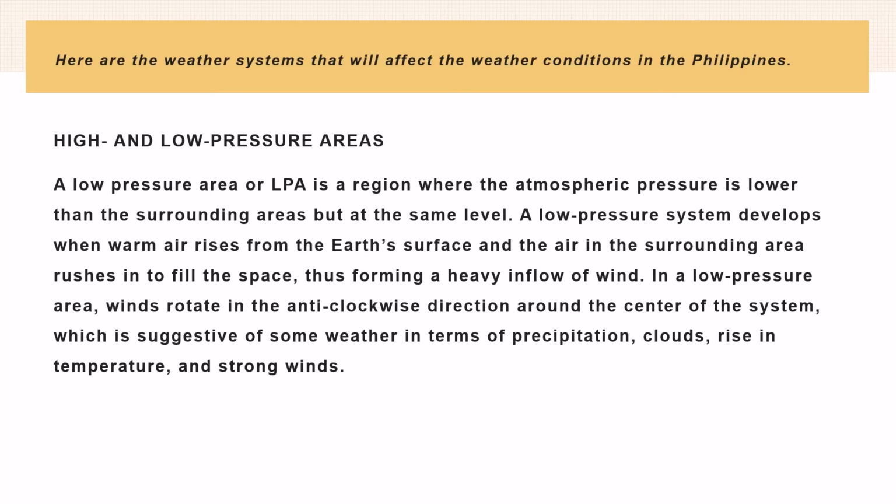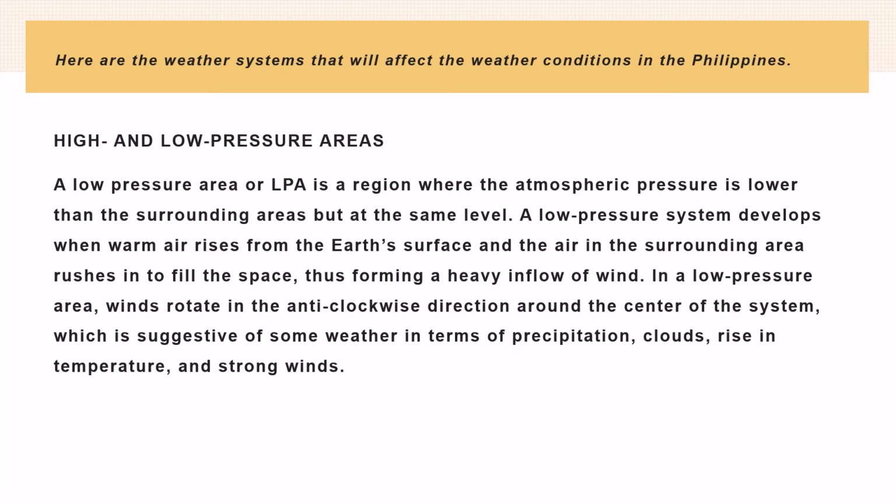Here are the weather systems that will affect the weather conditions in the Philippines. High and low pressure areas. A low pressure area, or LPA, is a region where the atmospheric pressure is lower than the surrounding areas, but at the same level. A low pressure system develops when warm air rises from the Earth's surface and the air in the surrounding area rushes in to fill the space, thus forming a heavy inflow of wind.